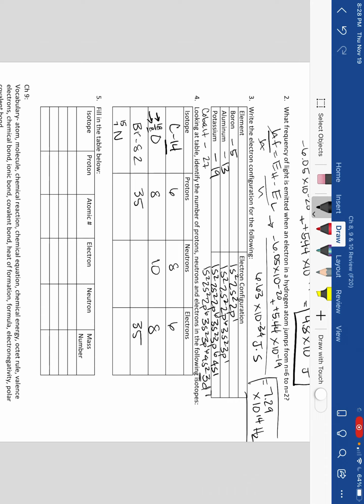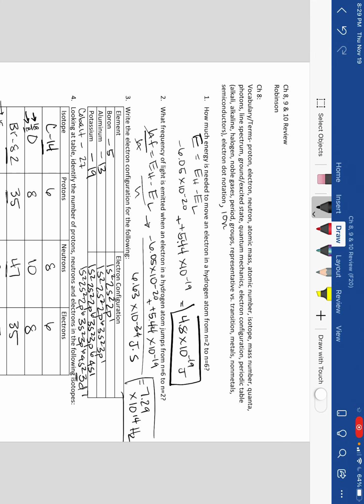But then you take 82 minus 35, which is 47 for your neutrons. Remember, this number plus this number equals this number. Okay, as far as nitrogen is concerned, that's number 7. So it has 7 protons, 7 electrons, and then it would have to have 8 neutrons in order to be nitrogen 15. Okay? All right.